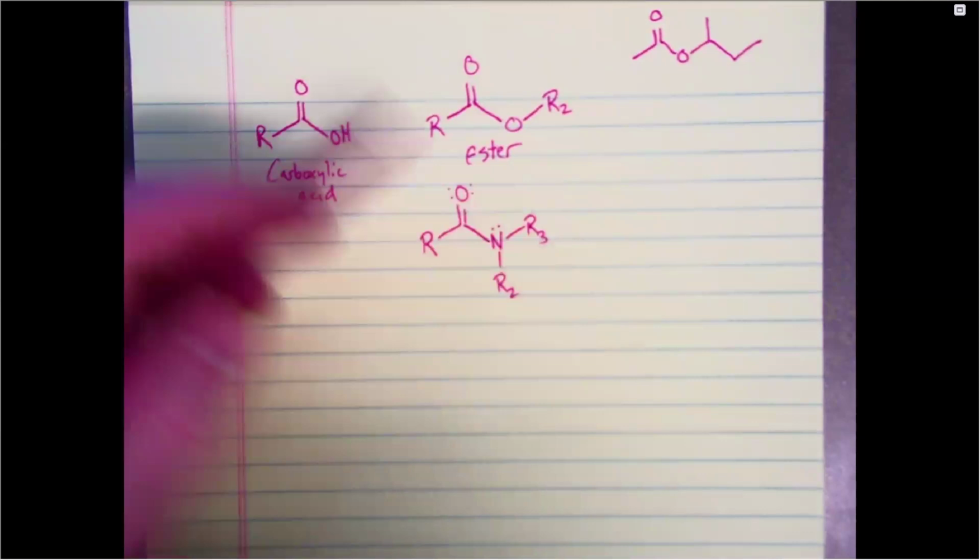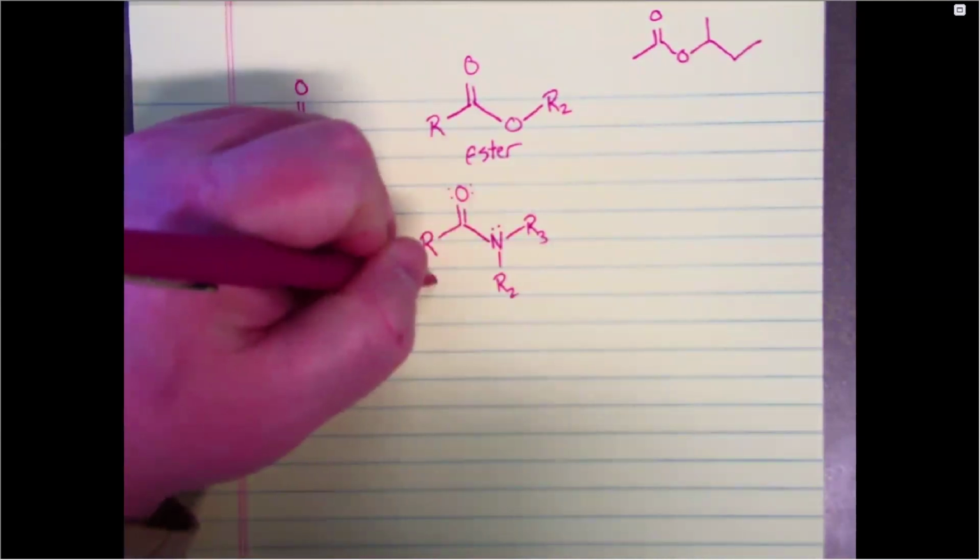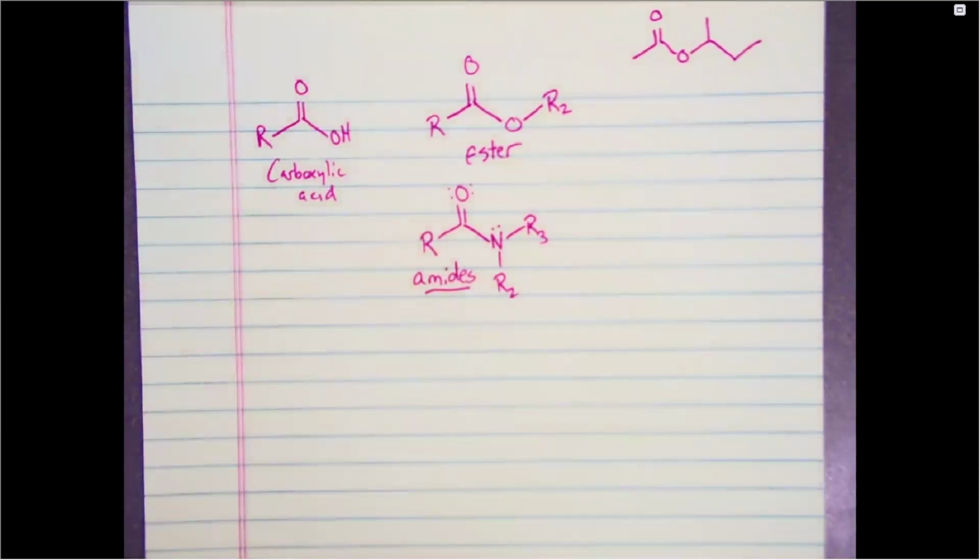All of these kinds of compounds are called amides. I've heard other chemists with PhDs call these amides, so I don't think you'll seem like the least smart person in the room if you use either of those pronunciations. I prefer amide.